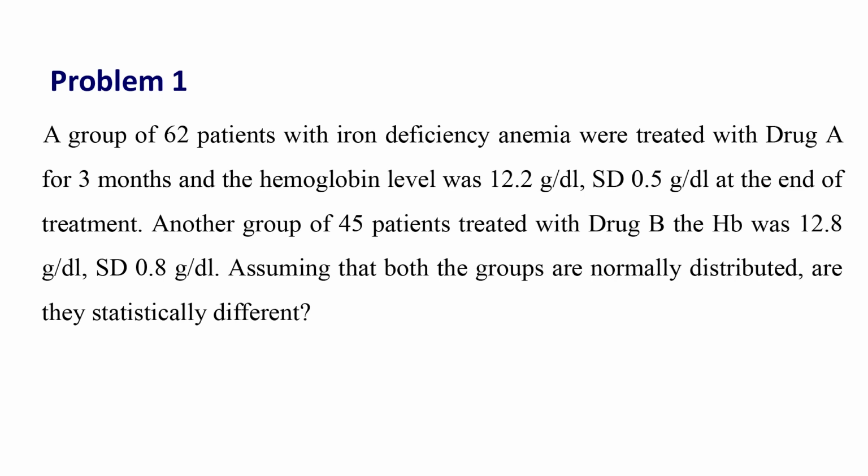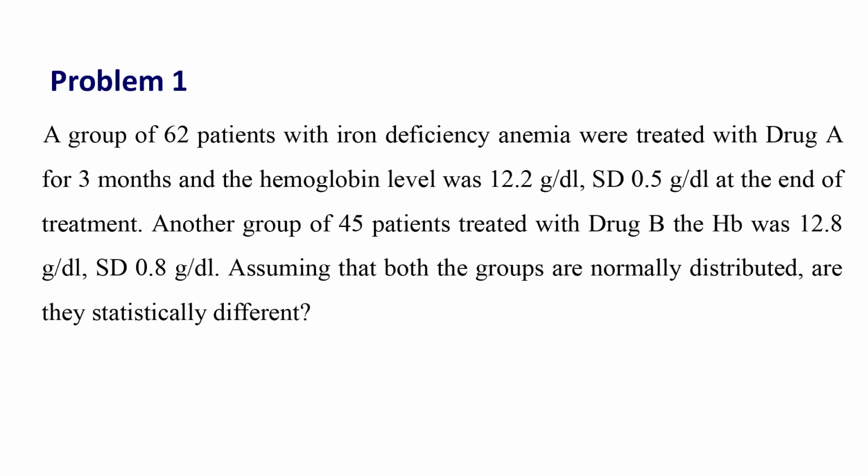So now we will take a few examples and you will understand what I am discussing with you so far. The first problem which we will solve is: a group of 62 patients with iron deficiency anemia were treated with drug A for 3 months and the hemoglobin level was 12.2 gram per dl, and the standard deviation is 0.5 gram per dl at the end of treatment.